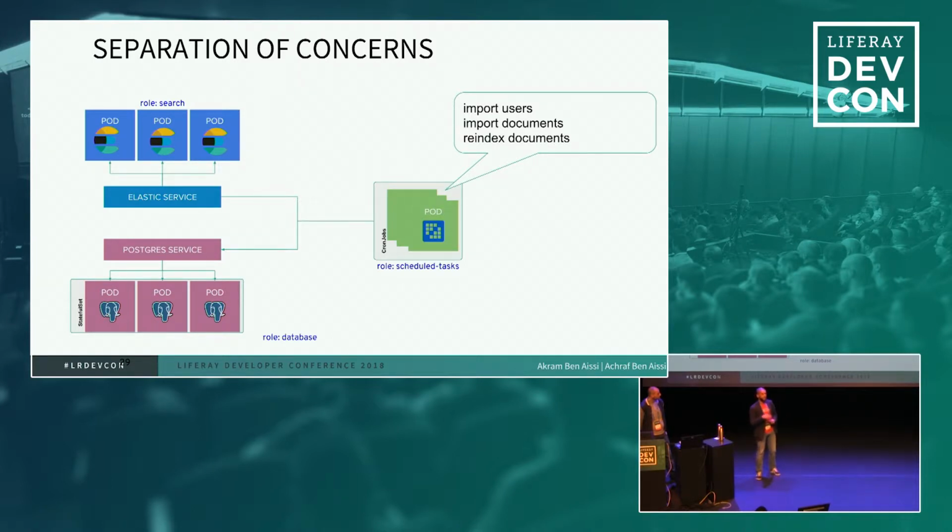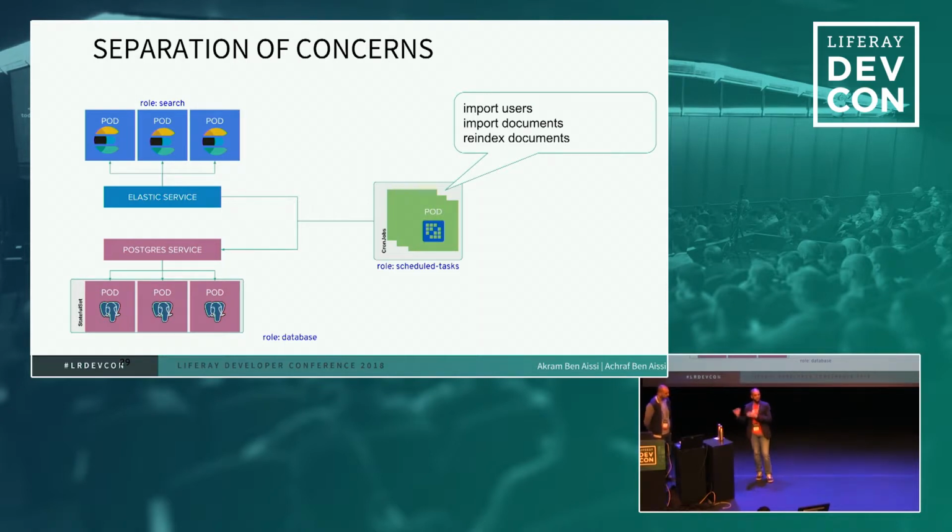We also pushed to another level the separation of concerns. We built a Docker image for Liferay, which is very minimal, to run only asynchronous jobs, like batches and so on. And sometimes it's not even a Liferay image. We just have an image, for example, to import users inside of Liferay, which uses the JSON API from Liferay.